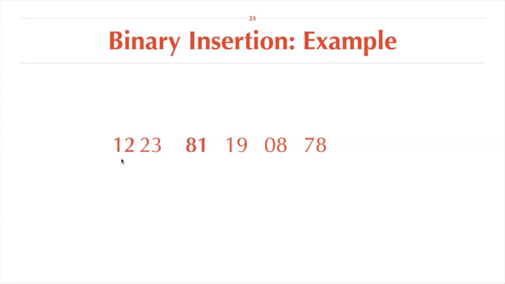So it will swap. Okay. Now we come to I equal to 3, that is 81. Now the array on the left side of 81 is 12 and 23. That is a 2 element array. In a 2 element array, it will do the binary search. So it will just compare 23 to 81. There is no swapping required, so it will not swap here.